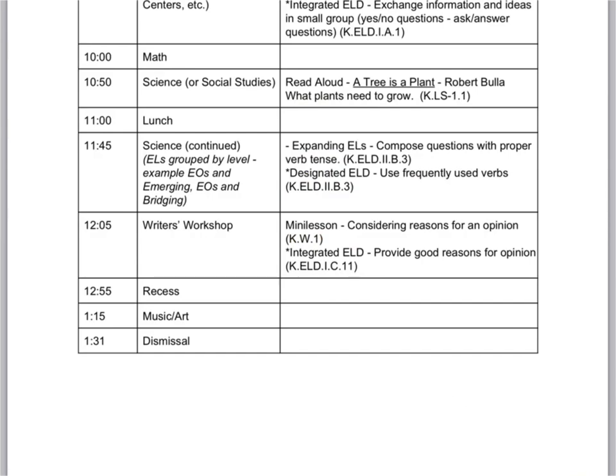Ideally, if we can designate one teacher to be the teacher of all the emerging students, that would be great. Another teacher to be the teacher of all the expanding students, and then another teacher to be the teacher of all bridging students. That would lessen the need to move and regroup for certain ELD lessons.